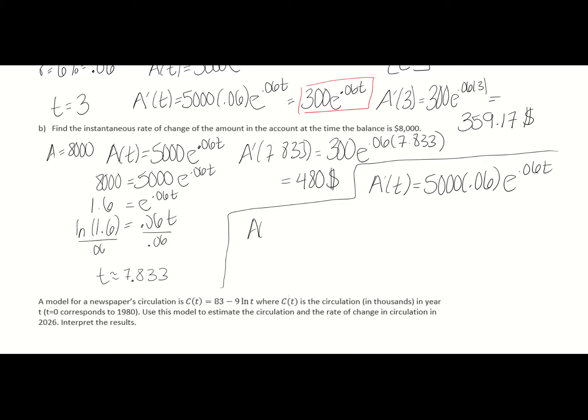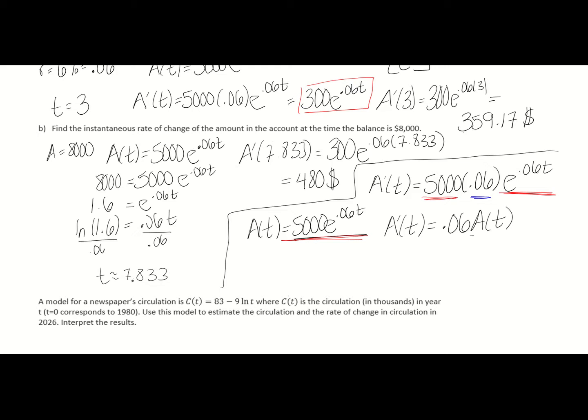And A of t was 5,000 e to the 0.06t. But this, which I'm going to underline in red, is right here. The only thing that's extra is that it's being multiplied by 0.06.